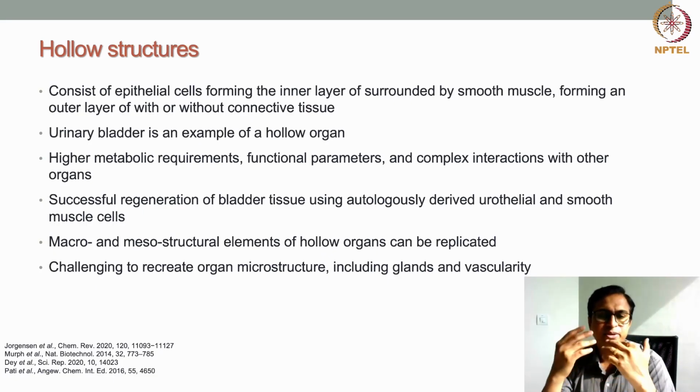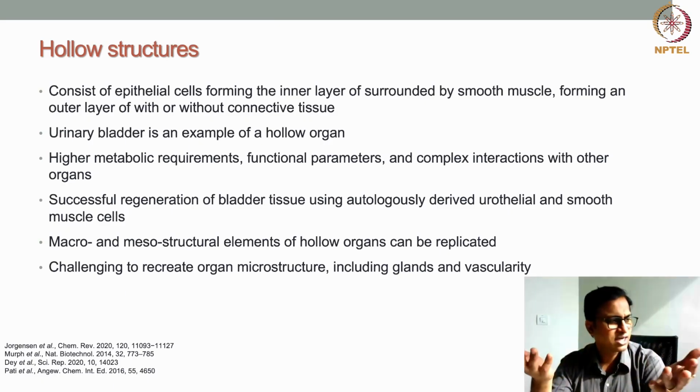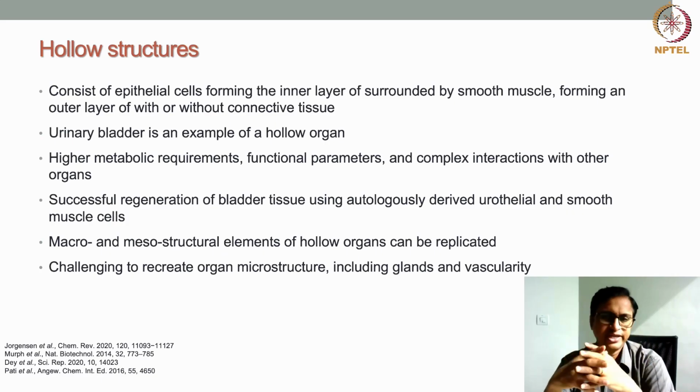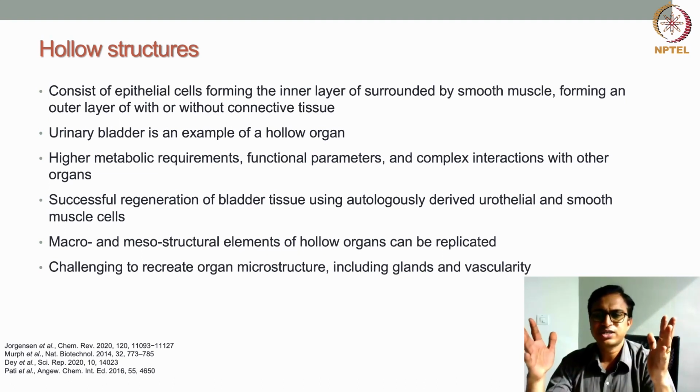But here the metabolic requirement is typically higher than the earlier two, the flat and tubular structures. Typically in this case, the function of these tissues is energy demanding, so the metabolic requirement is very high, they have certain functional parameters, and also there is a complex interaction with other organs.